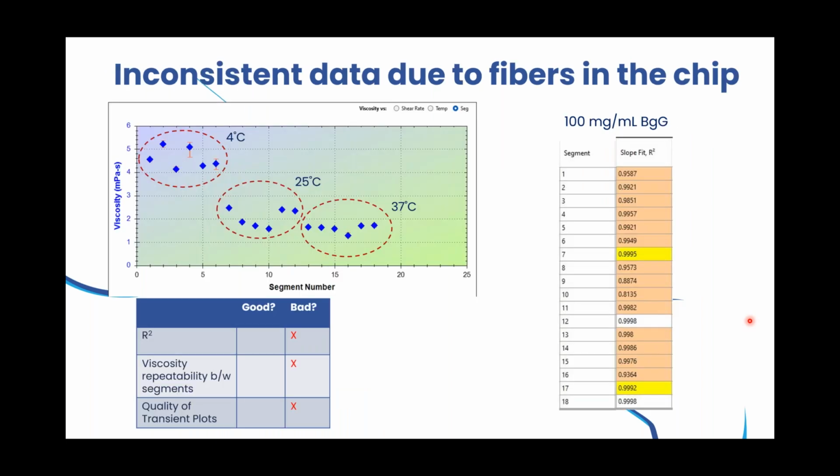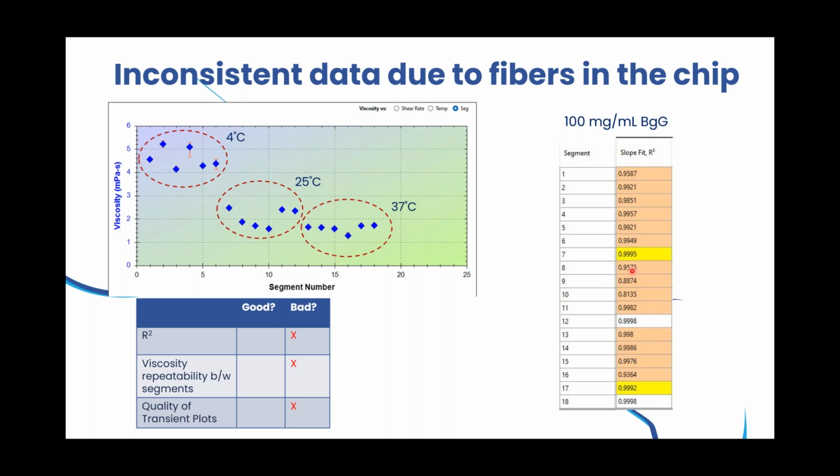So what happens when you have fibers in your channel? This is the data we took from a chip that we confirmed had fibers in it. The data we took was not good. We can see here in the table the R-squared values are low, and the repeatability between viscosity measurements is low.